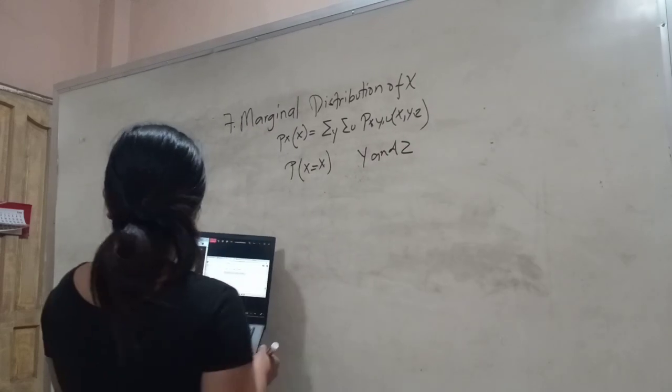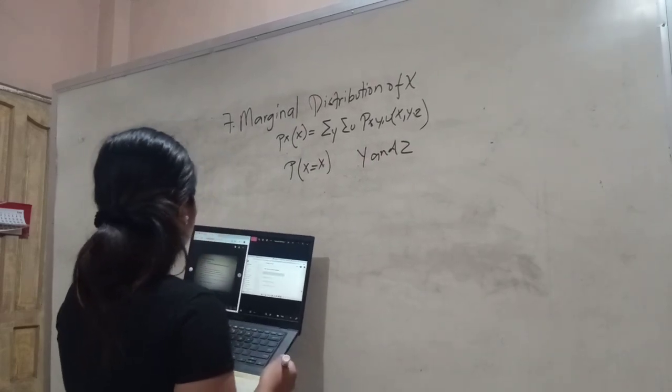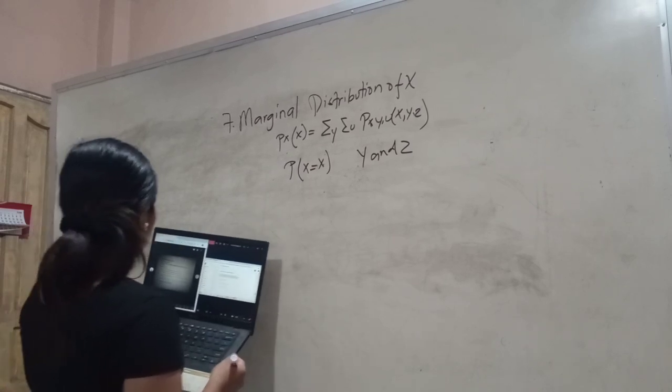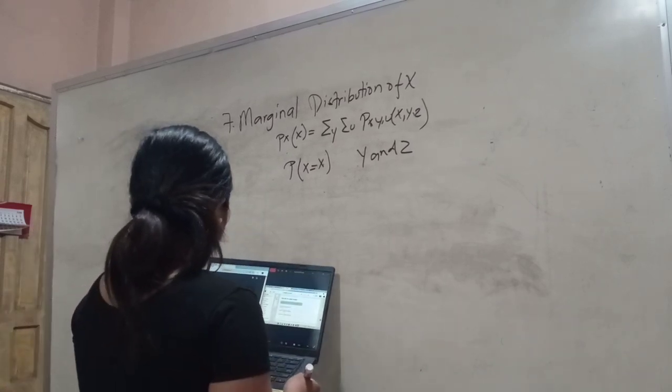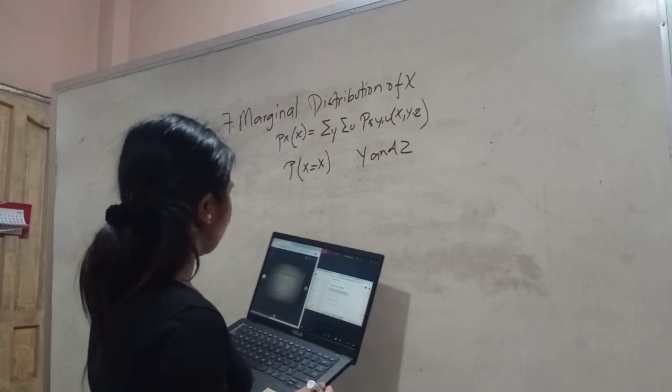We're marginalizing out, or integrating out, the other variables. This gives us the probability distribution of x alone, ignoring y and z.